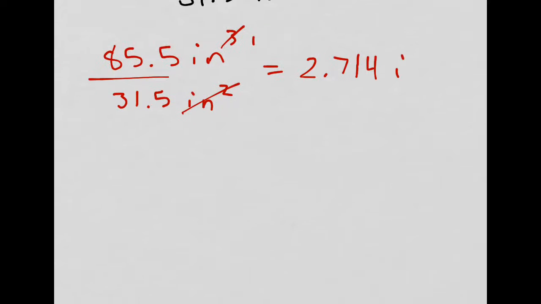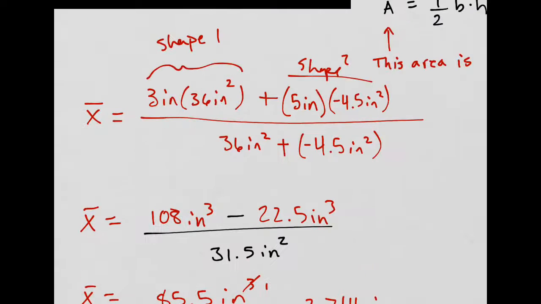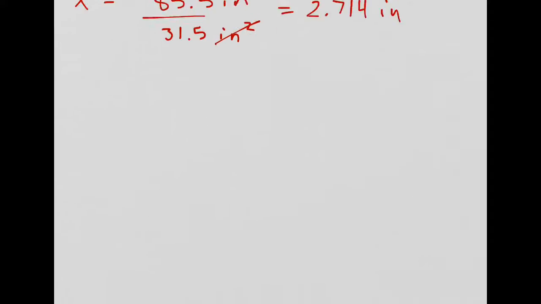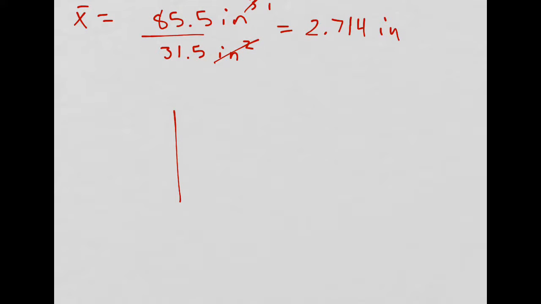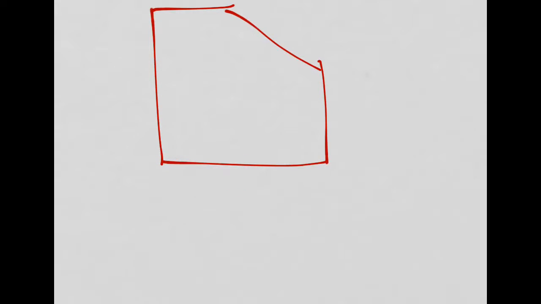That's 2.714-ish inches. So that means for this shape, which I'm going to redraw, which looks like that, for this shape, 2.71 inches away. So this is like 3 inches. 2.7 maybe is right there. 2.71 inches.